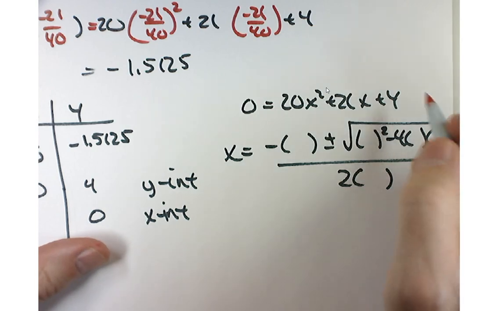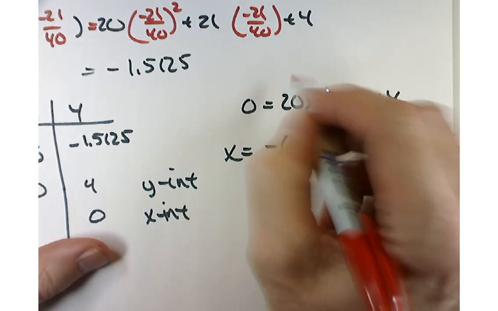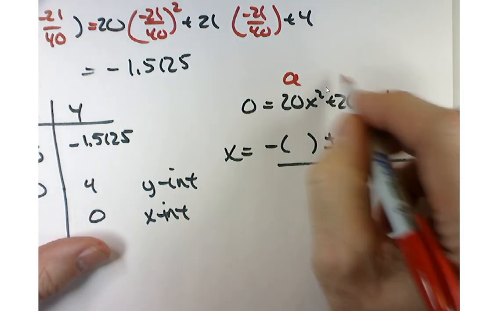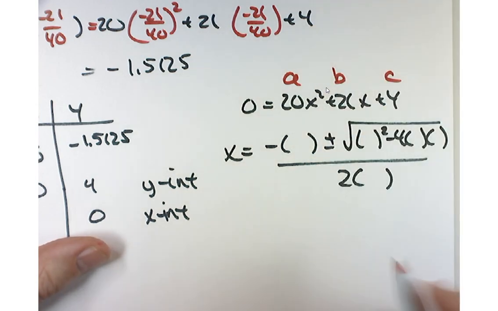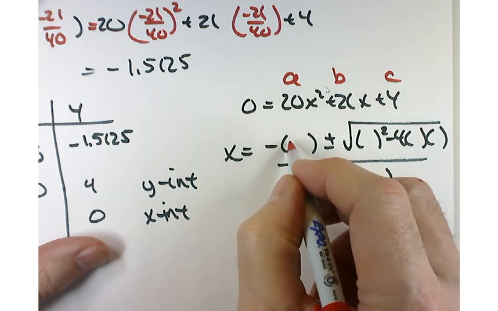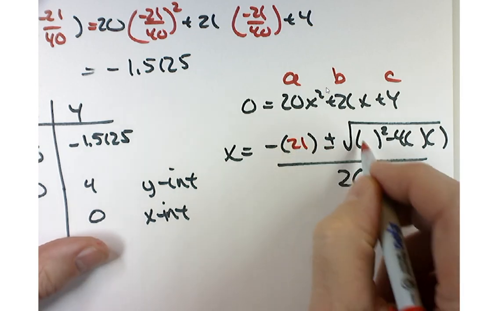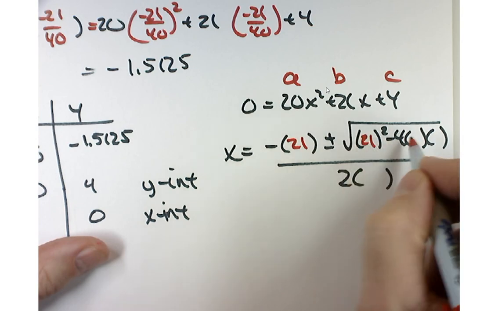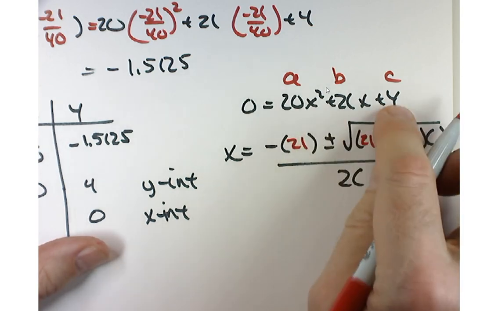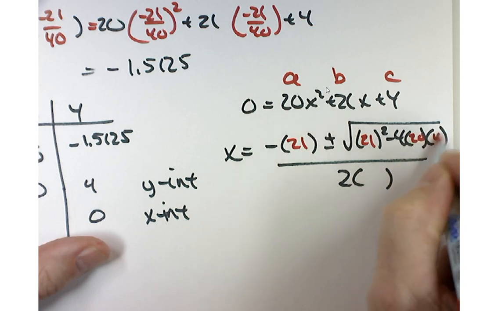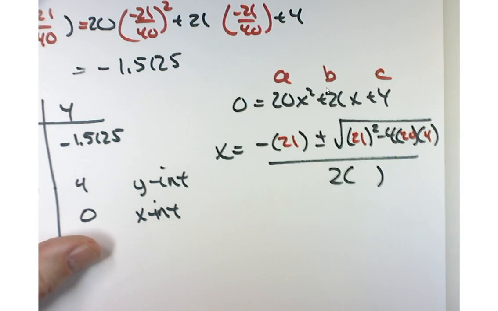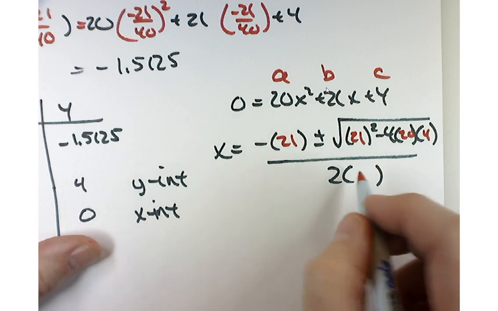A is 20, b is 21, and c is 4. Good. So negative of 21 plus or minus the square root of 21 squared minus 4 times a, which is 20, times c, which is 4, over 2 times a.